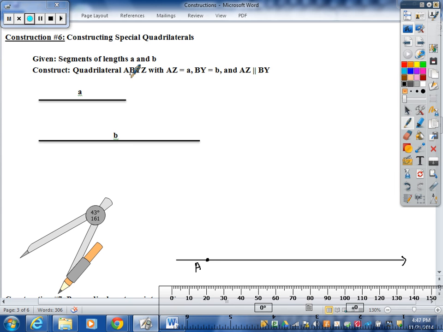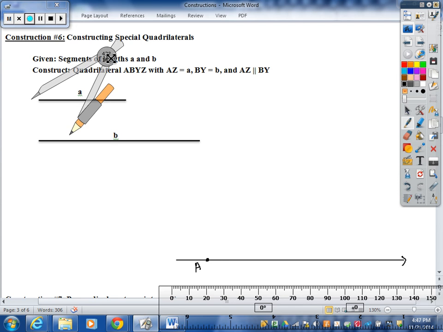Now from there, one of the side lengths, AZ, has to be a length of A. And so I'm going to make this length right here, right there.